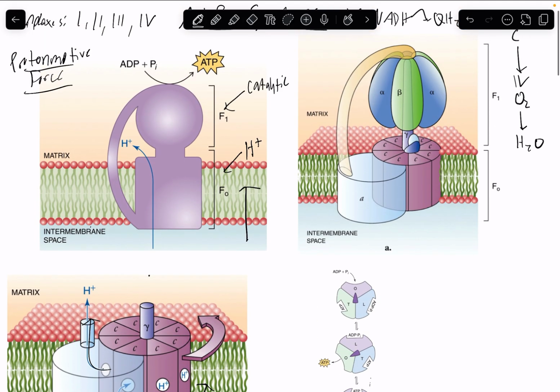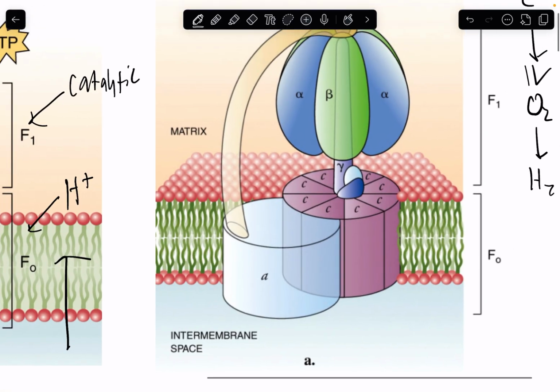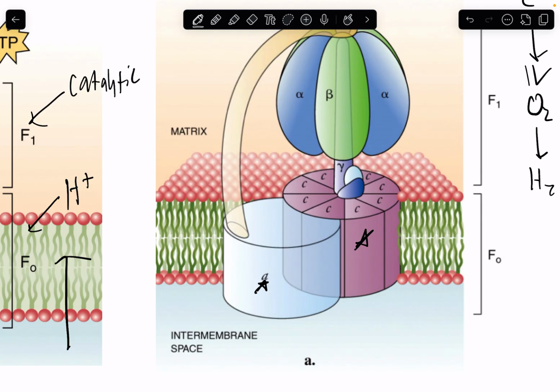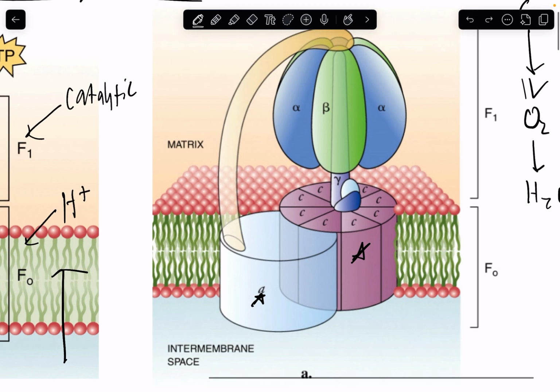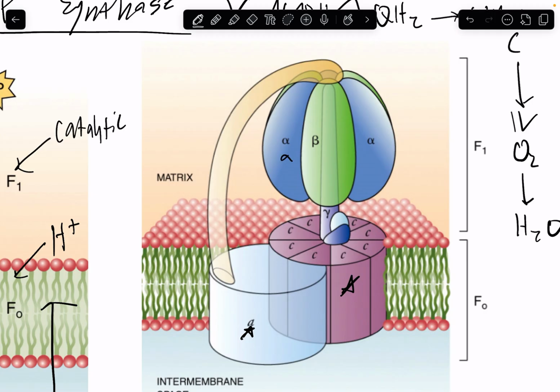Okay, and so a closer look here. We already talked about the alpha. We talked about the C subunits. The C subunits are attached to this gamma subunit that we can see in here. The gamma subunit, that will rotate with the C subunits. That is attached to these alpha and beta subunits. The alpha subunits, they just anchor the beta subunits.